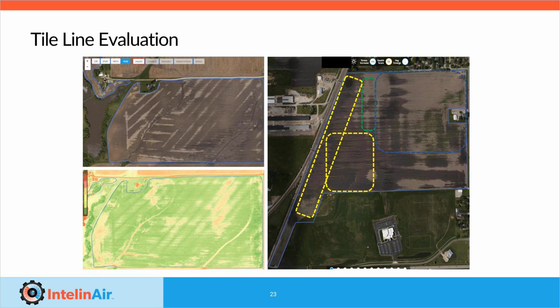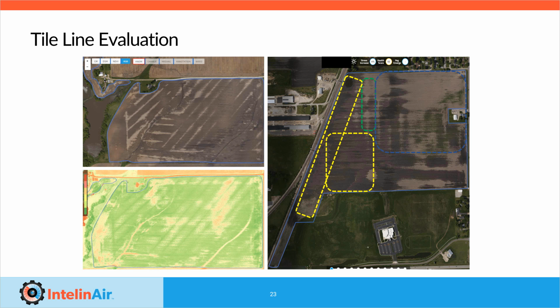Over in the image on the right, this is another interesting one where we're looking at our tile lines, but one of the things that we've noticed is under the blue area, we see the tile line throughout the entire field. It seems to be working pretty well. Maybe there's a wet spot in the middle of the field that's a particularly extreme issue with the topography. But there under the green line, we actually see a tile line that doesn't quite go all the way through compared to its neighboring tile lines.